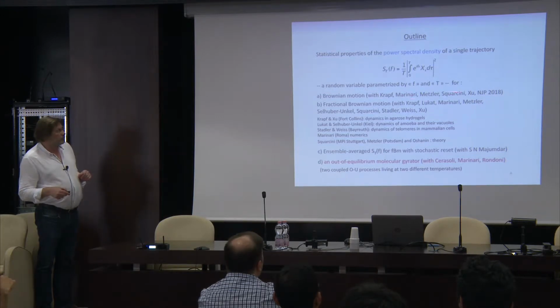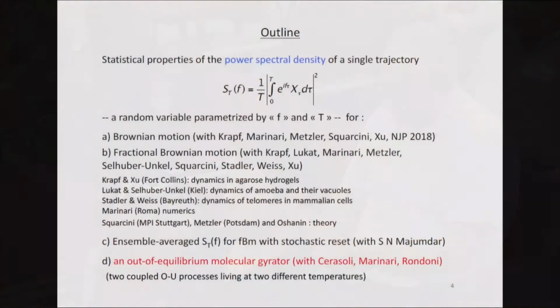This is our joint work, which appeared some months ago, with Diego Krapf, who made some experiments for us, and Marinari, who made numerics, Ralf Metzler, Alessio Squartini, and myself, and Xinrang Xu was with Diego Krapf. He also made experiments. Then I will do essentially the same for fractional Brownian motion. And here we have a little army of co-authors.